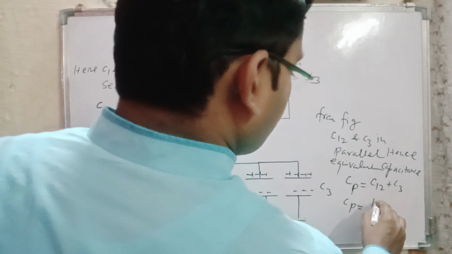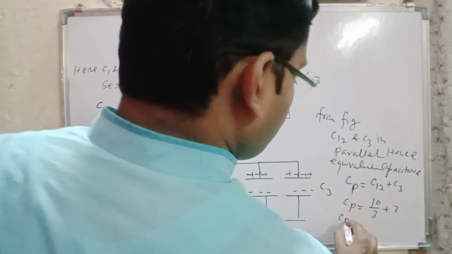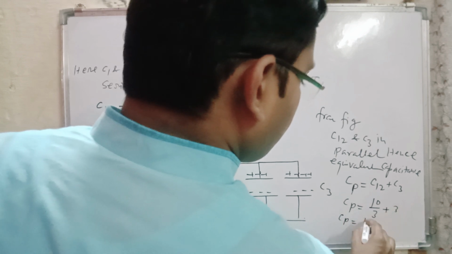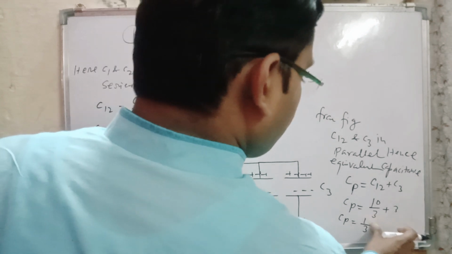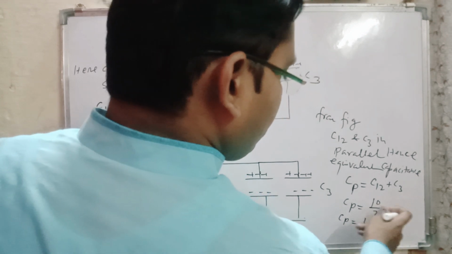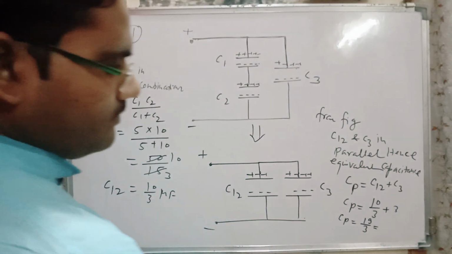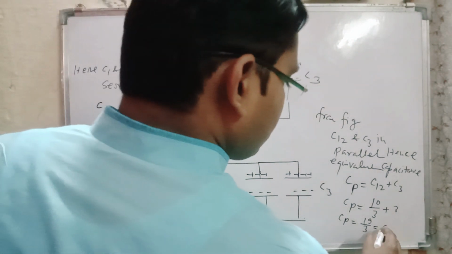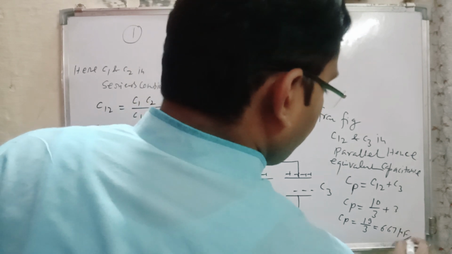That means CP is equal to 10 by 3 plus 3. Sorry, 3 threes are 9, 10 plus 9, 19 by 3. This gives 6.67 microfarad.